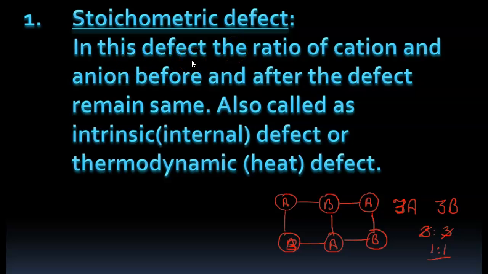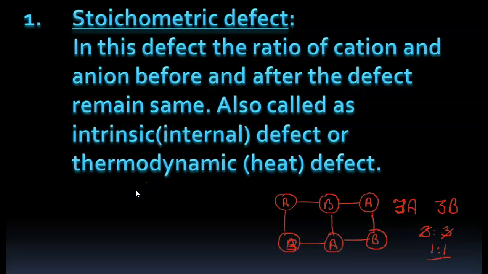In this defect, the ratio of cation and anion before and after the defect remains the same. That is, if a defect occurs in the crystal, the ratio of the number of cations and anions will be the same. If before the defect the ratio is 1:1, after the defect it will also be 1:1.